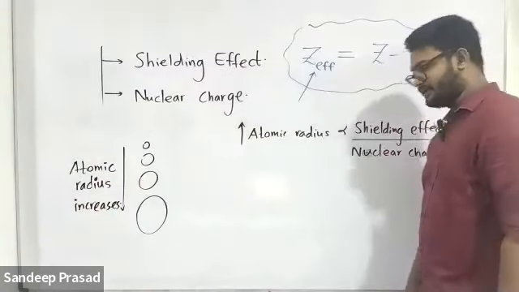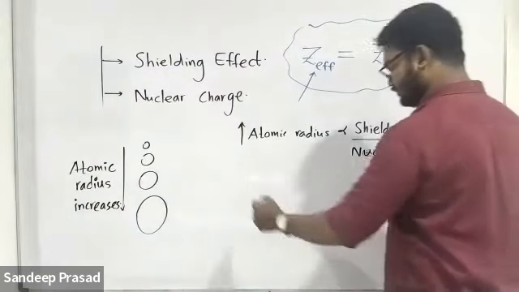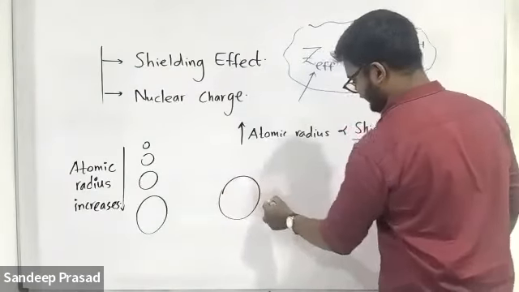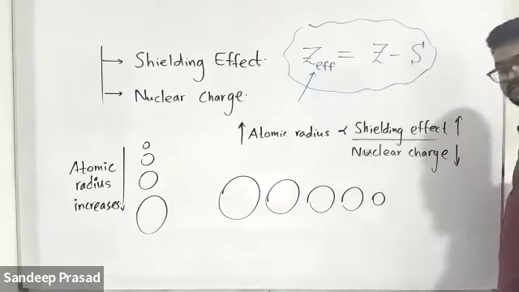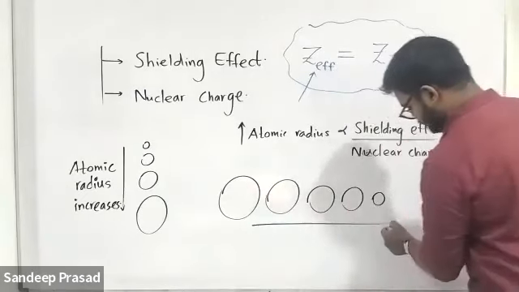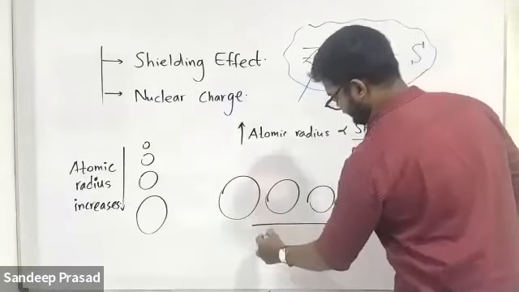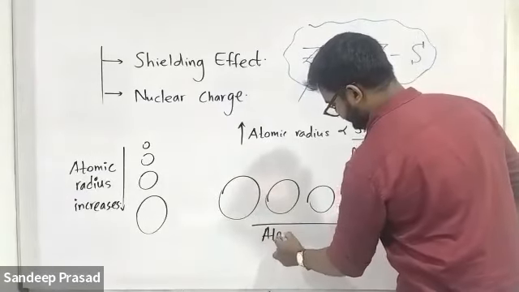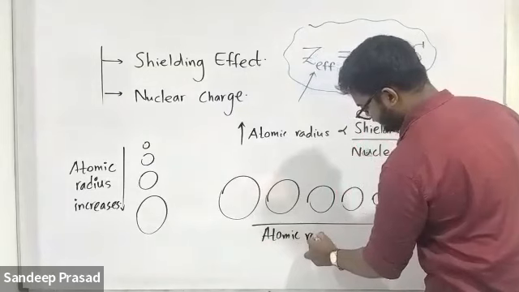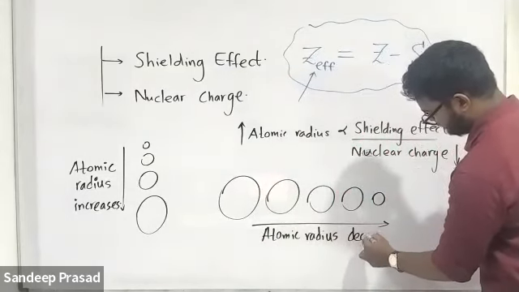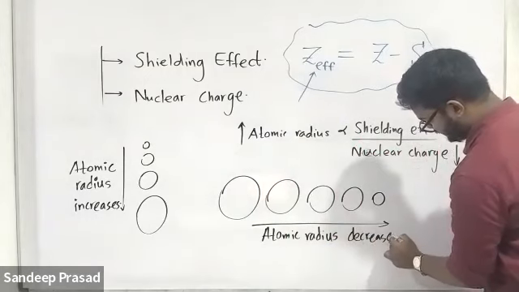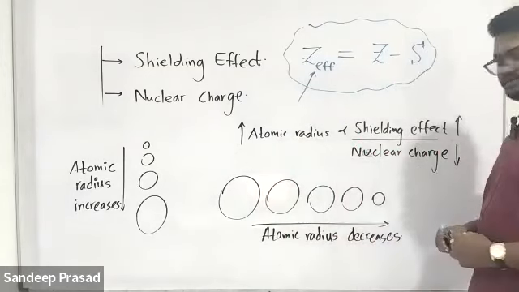And then I told you that along a period from left to right, atomic radius decreases, right? So these are the things that you have to remember.